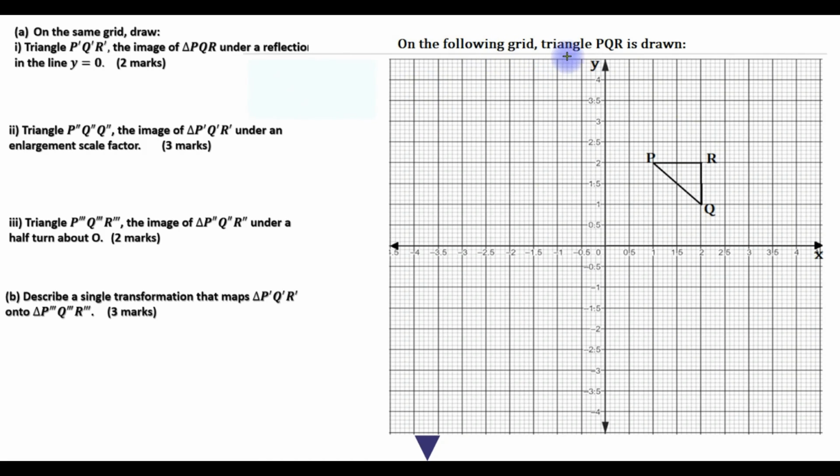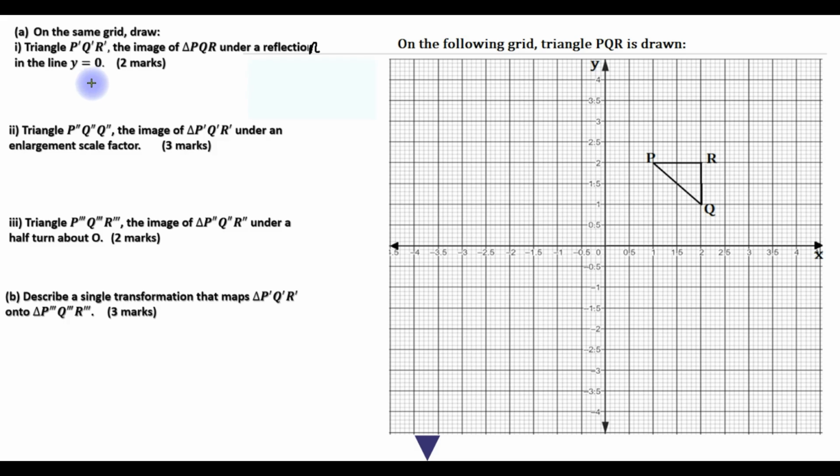On the following grid, triangle PQR is drawn. Here is the triangle already drawn with the scale given. On the same grid we need to draw triangle P prime Q prime R prime, the image of triangle PQR under reflection in the line y equals 0.